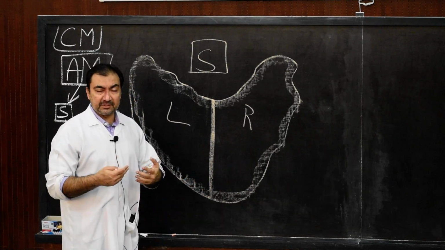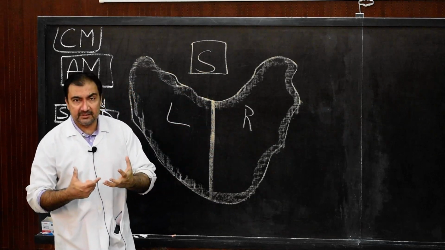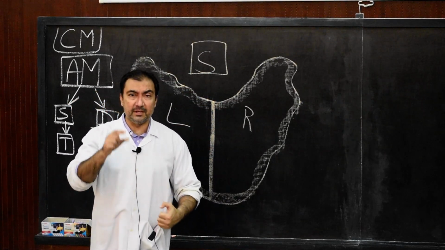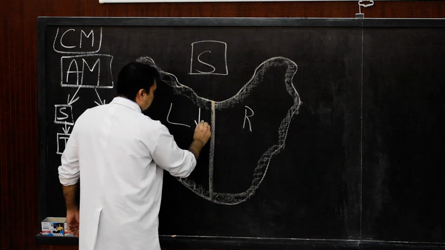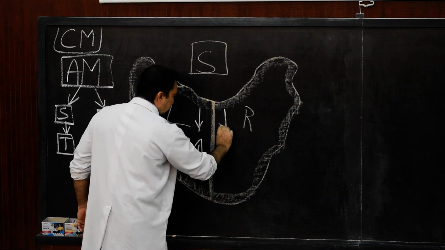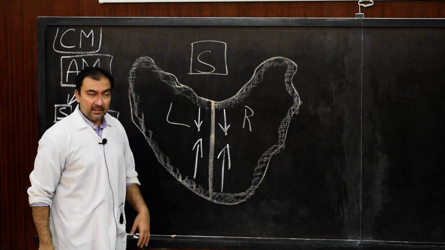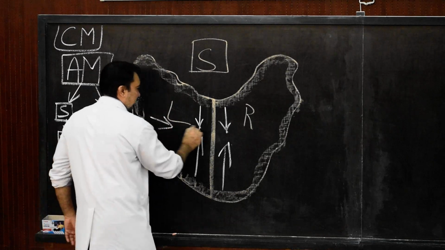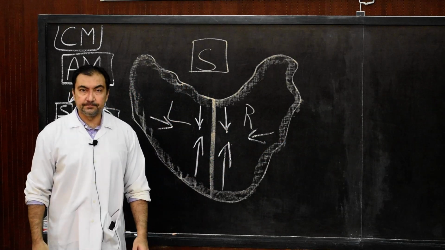They are arranged transversely. Therefore, contraction of this superficial group of muscles, these transversely arranged fibers, will result in reduction of the antero-posterior diameters of both the atria as well as reduction of the transverse diameters of both the atria.